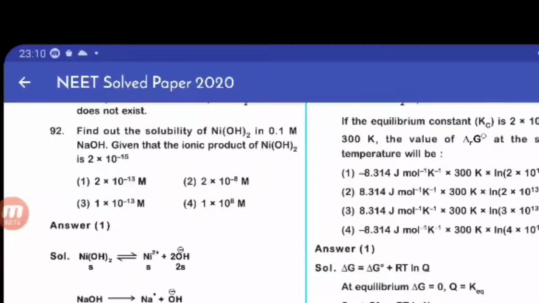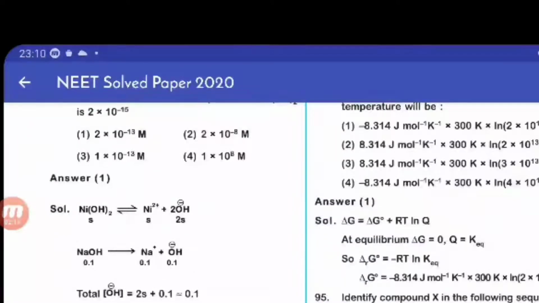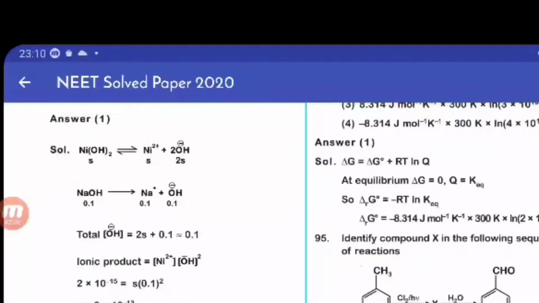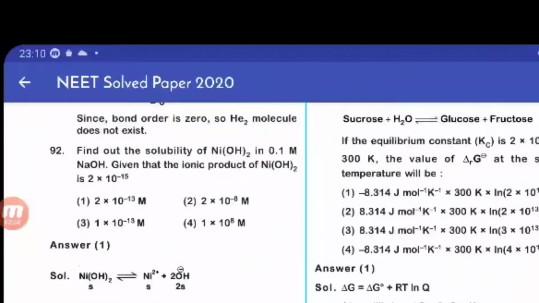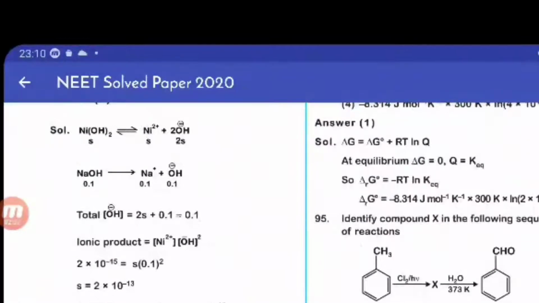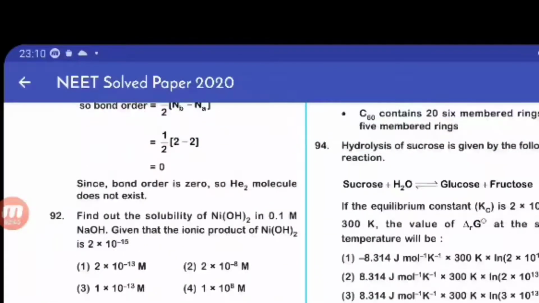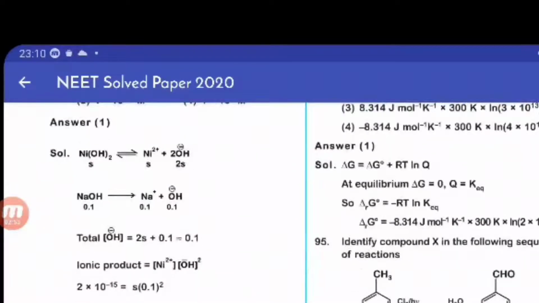and the molarity is 0.1 molar. So there will be 0.1 mole of Na plus, 0.1 mole of OH minus, and 0.1 mole of another OH minus. So the ionic product is given as the product of the ions in the solution multiplied by solubility.